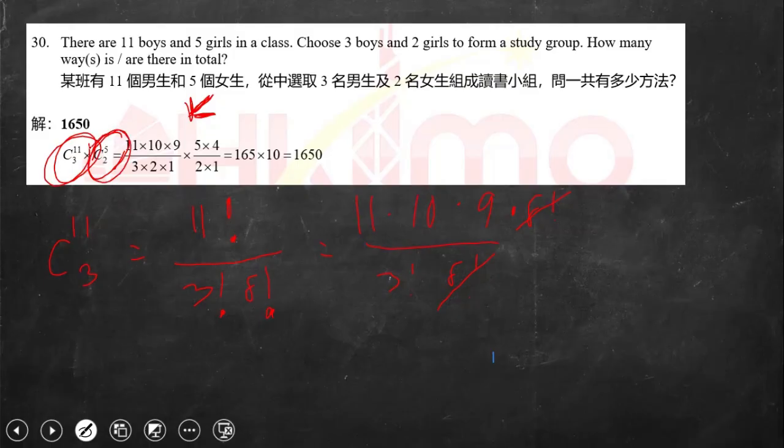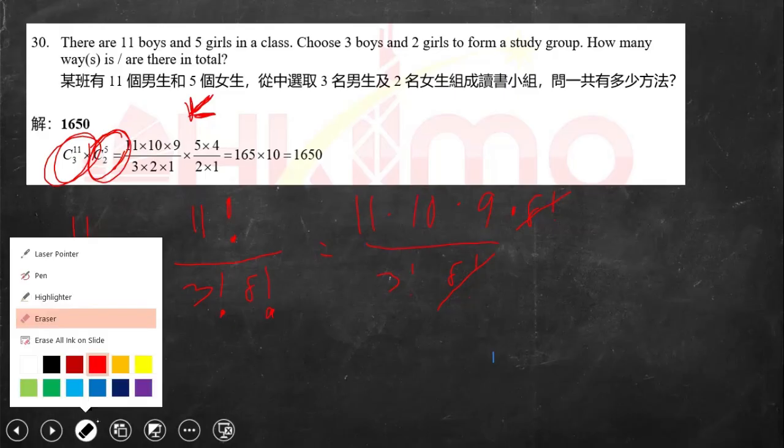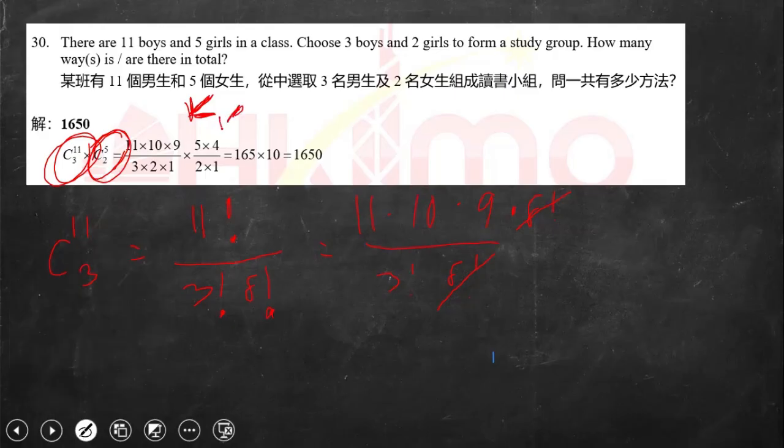And for the second one, we're choosing 2 girls from 5 to form a group. So just solving it, expanding the expressions, and then canceling. Cancel. Here we have 2, canceling 3, and canceling 5. We have 165 times 10, which is 1,650.